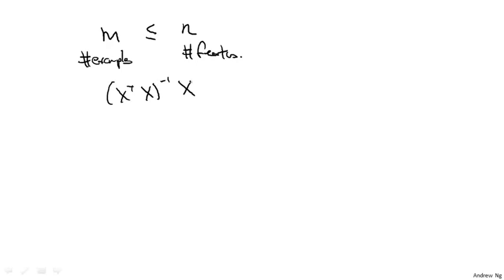Finally, I want to point out one interesting property. Earlier on we said that if m is less than or equal to n, so if the number of training examples is less than or equal to the number of features, then if you try to use the normal equation, the matrix X transpose X will be non-invertible, or singular.